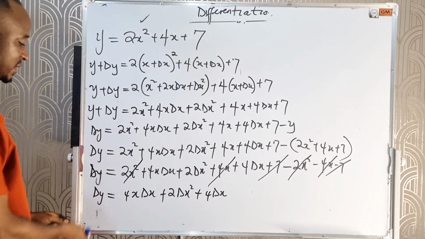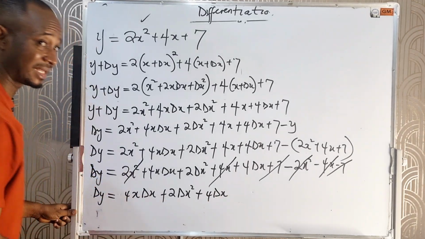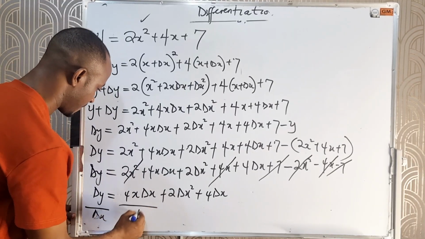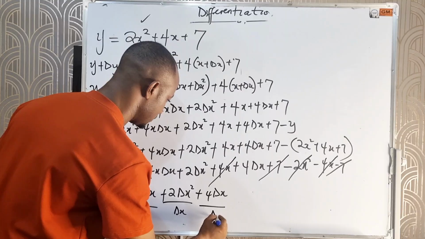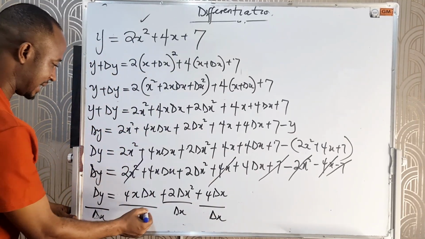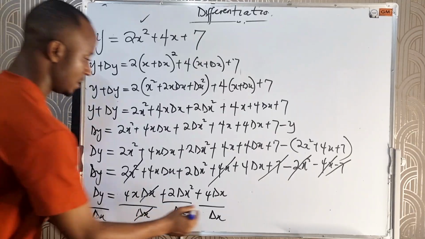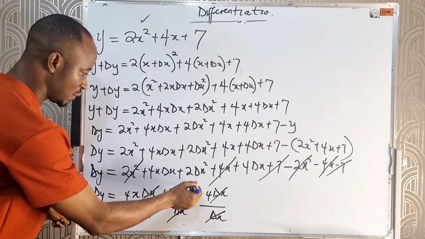Now the next step is to generate our delta y over delta x. I will divide through by delta x. So divide through by delta x, delta x, delta x. We cancel delta x from here, we cancel delta x from here, and we cancel one delta x from here.